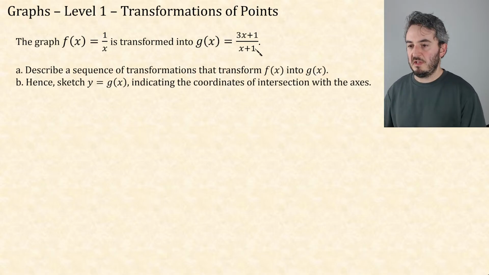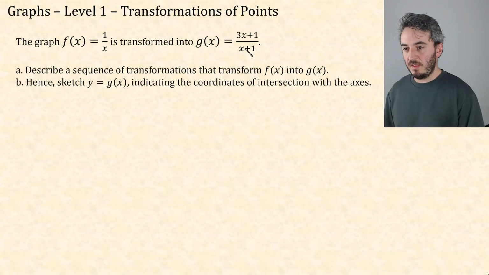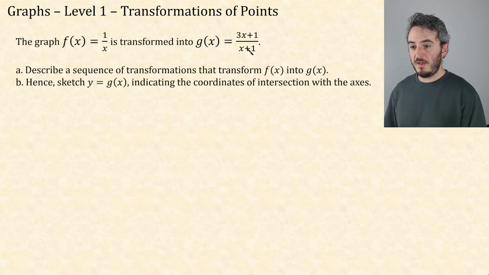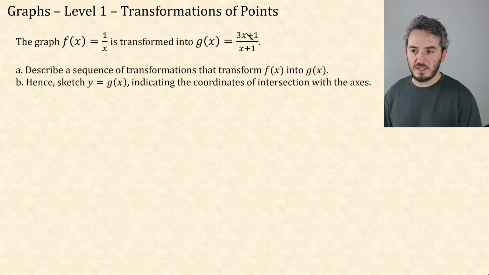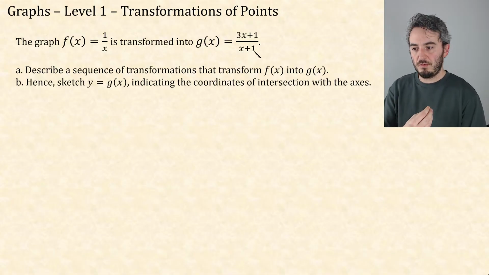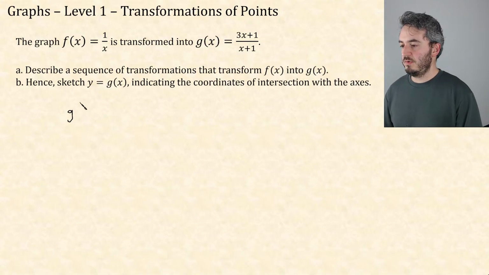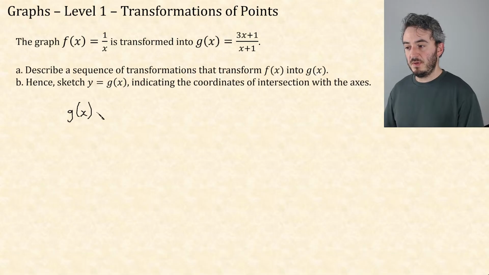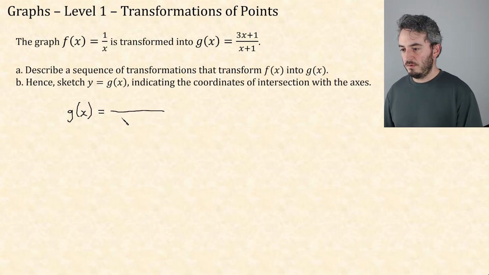The way I start this is I notice that x plus 1 there, if I multiplied that by 3, I would almost have what I have up here. So the top is almost the bottom times 3. What I do is I kind of force the numerator to be the denominator times 3. So I leave the x plus 1 there, and I basically just write the denominator times 3.